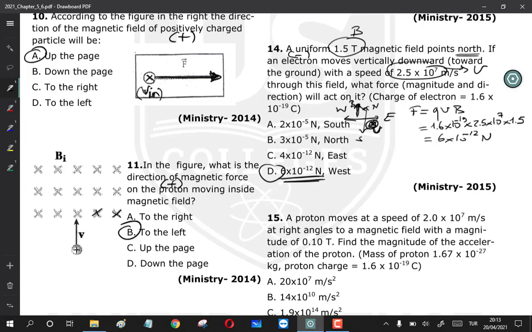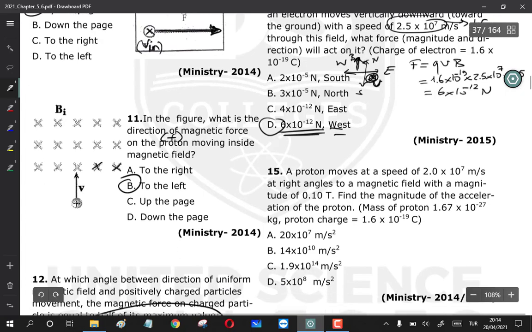You will see that the opposite of your palm is the force on the electron. It is to the left side. West is left side, east is right side, so it's pointing west. West is the magnetic force acting on the electron in this problem.